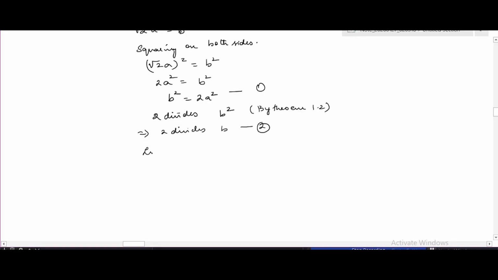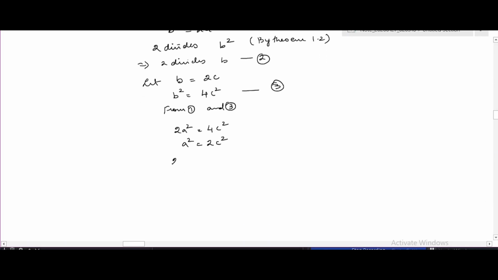Now let b is equal to 2c, b squared is equal to 4c squared. From 1 and 3, 2a squared is equal to 4c squared. So a squared is equal to 2c squared.